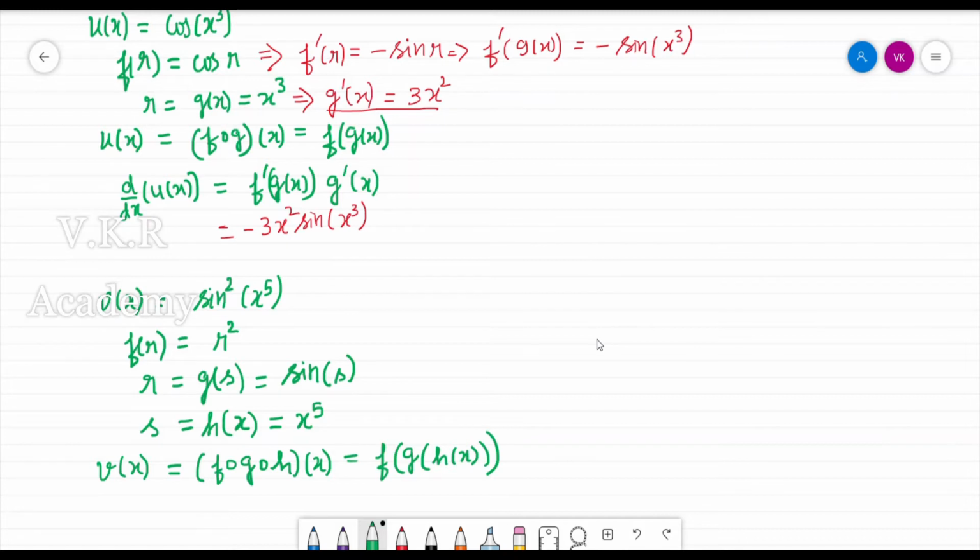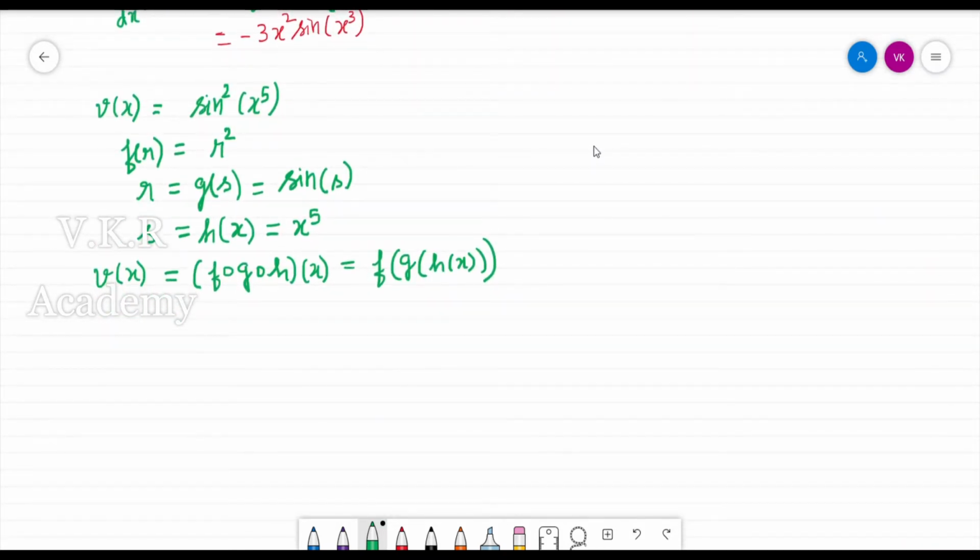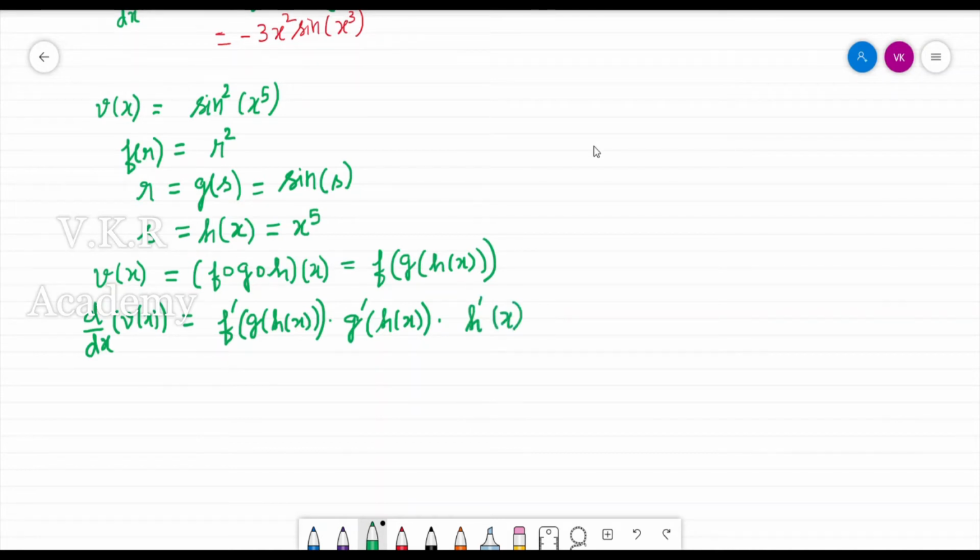So by the chain rule, d by dx of v of x is equal to f dash of g of h of x into g dash of h of x into h dash of x.